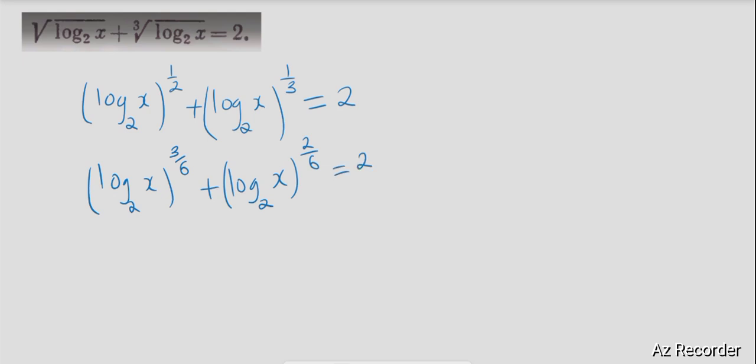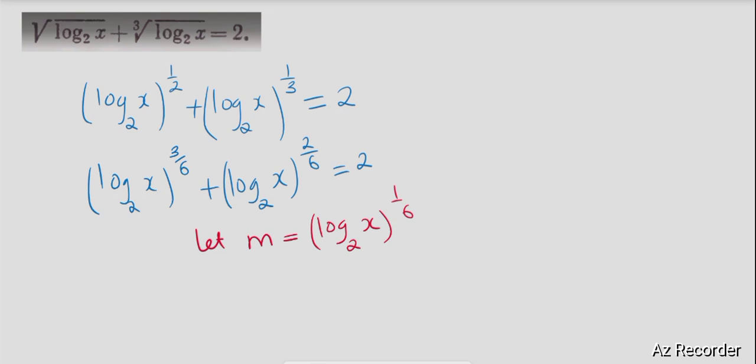Now, our next step, we are going to make some appropriate substitutions. So what we're going to do here, we're going to say let m be equals to the logarithm to base 2 x raised to power 1 over 6.